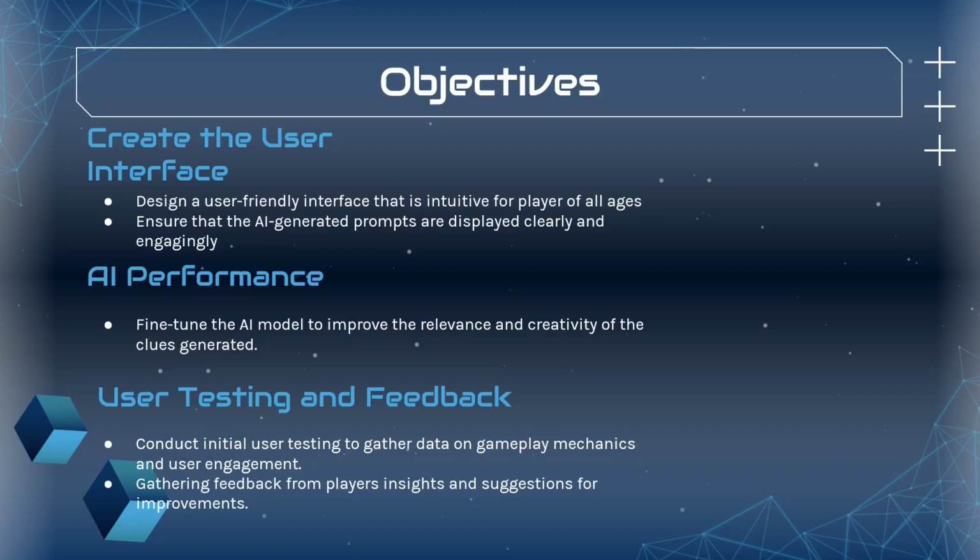This will not just help us identify technical bugs, but also provide insights into user enhancements. We aim to gather a broad spectrum of feedback from children and casual gamers to puzzle enthusiasts and tech savvy adults, ensuring our game appeals to a wide audience.